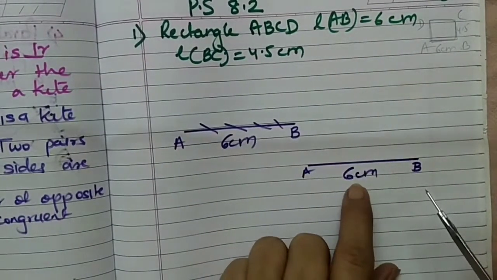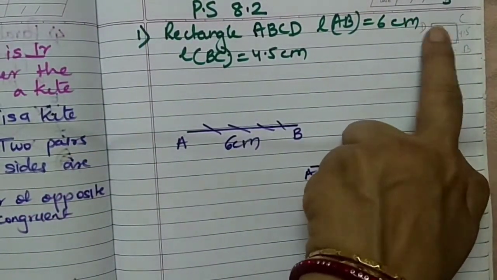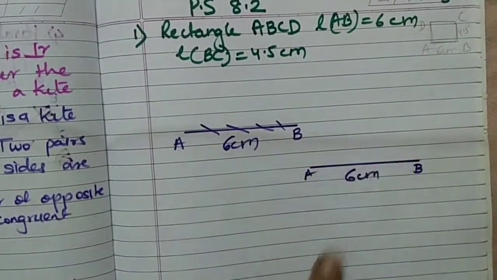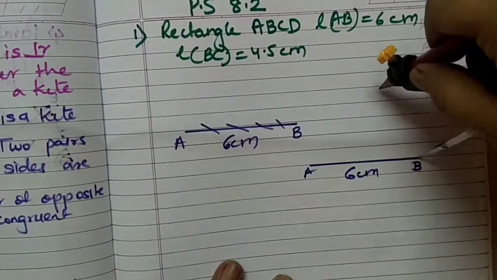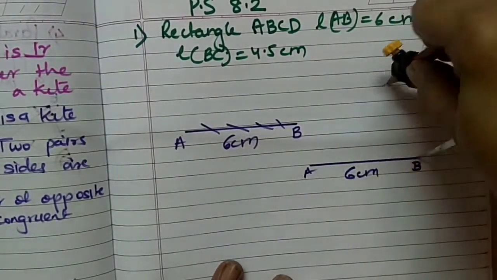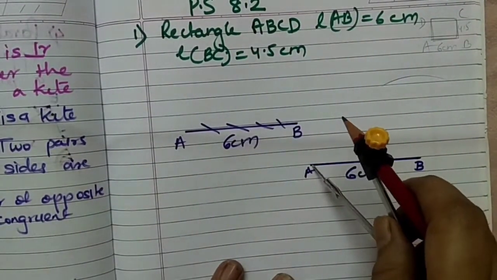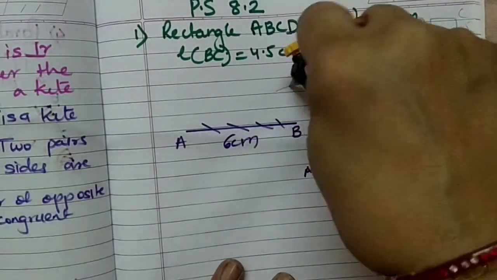Now this is 6 centimeter. The opposite side, that is CD, will also be 6 centimeter. This is 4.5 BC, so AD will also be 4.5. So with the help of this, I will draw an arc over here. I will draw an arc over here also. Why? Because this is also going to be 4.5, right?